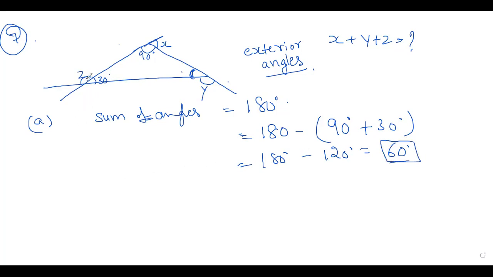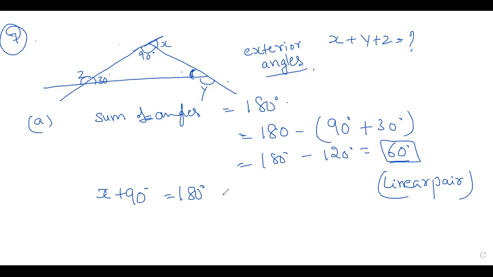Now you know how to find this, right? So exterior and linear pair, we can do it. Linear pair of angles. Z plus, you can write first one, X plus 90 is equal to 180 degree. Just write it for all linear pairs. Okay, children.